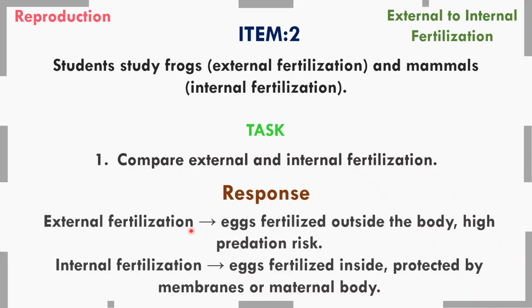External fertilization. Eggs fertilized outside the body, and there is a high predation risk. Internal fertilization, the eggs are fertilized inside, protected by the membranes or maternal body.